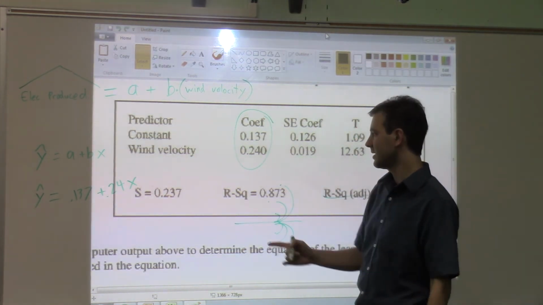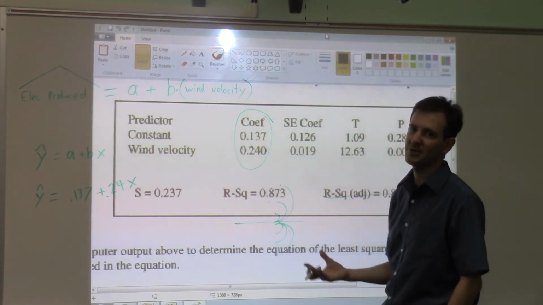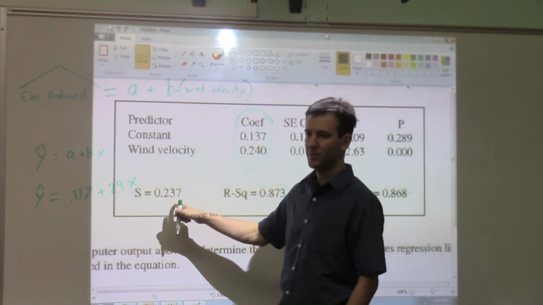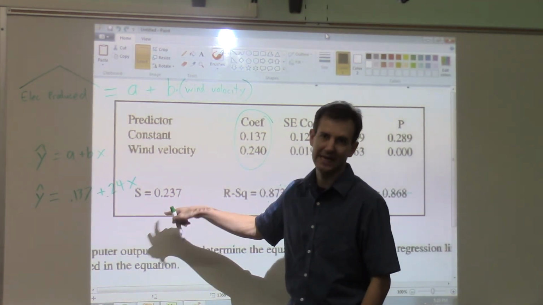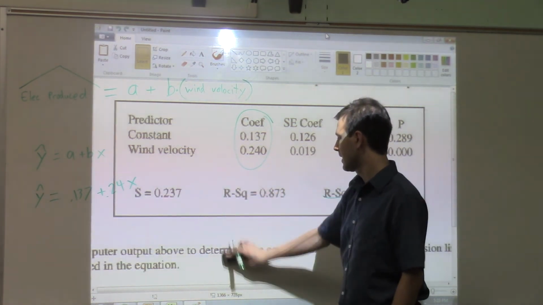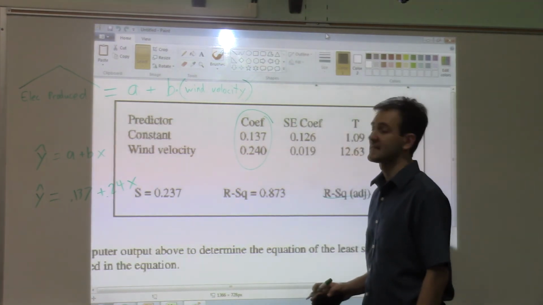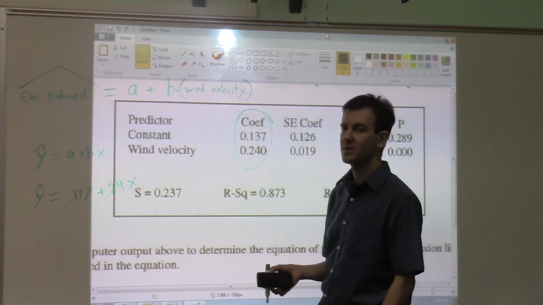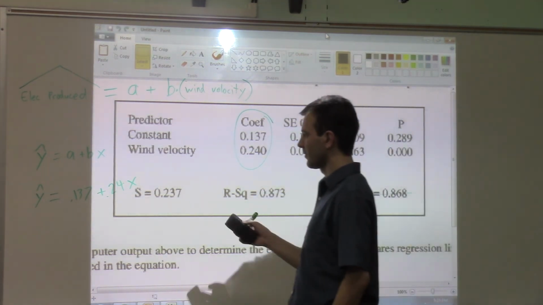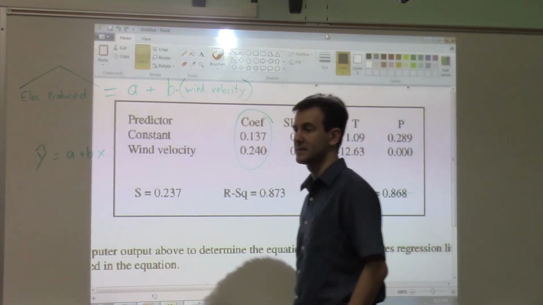On average, it's how much you expect to miss by. My prediction for how much power you're going to get today is blah, but we're probably going to miss the truth by about S. So that's what that is for: standard deviation of the residuals, or if you prefer, standard size of the residuals. They'll probably want standard deviation of the residuals, but use that in context.